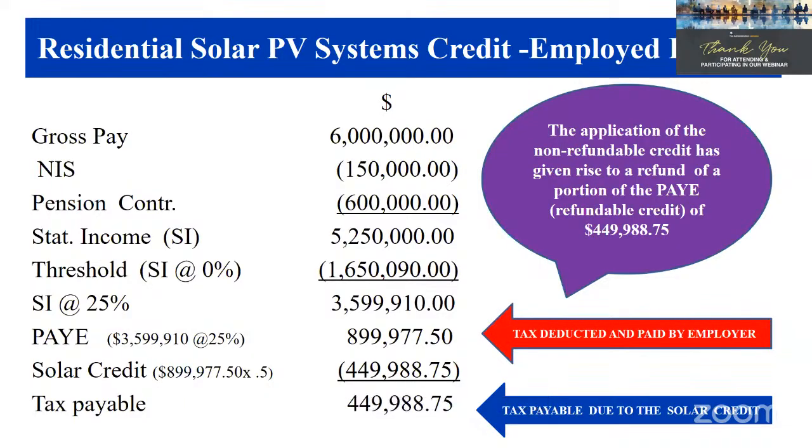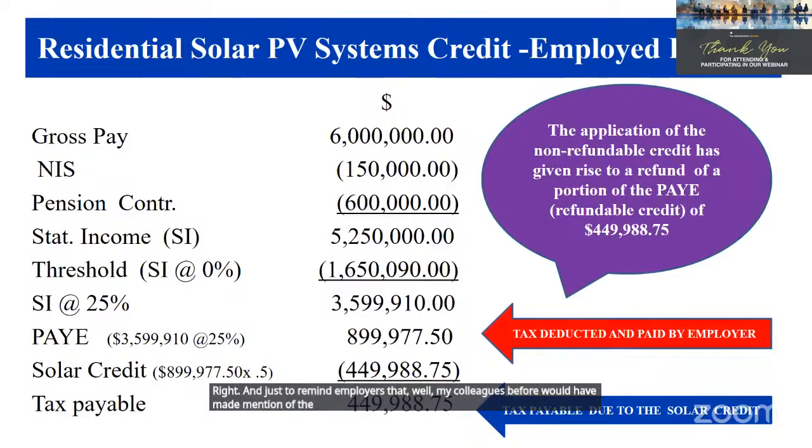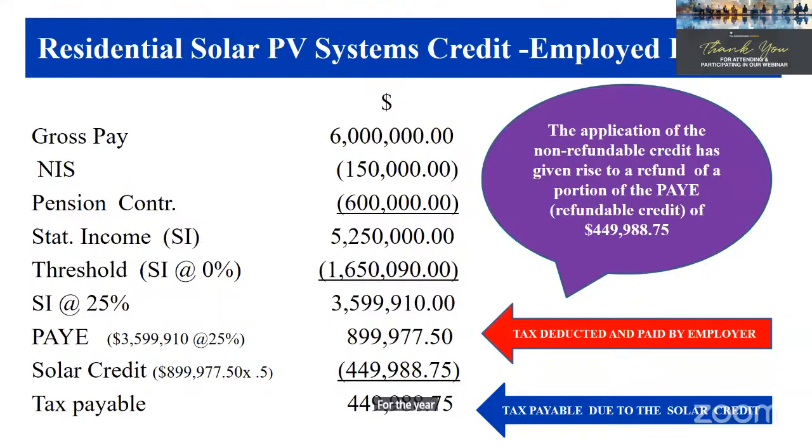Right. And just to remind employers that my colleagues before would have made mention of the P24, which is really a document showing the person's total emoluments for the year and the total tax that was paid. That is critical.